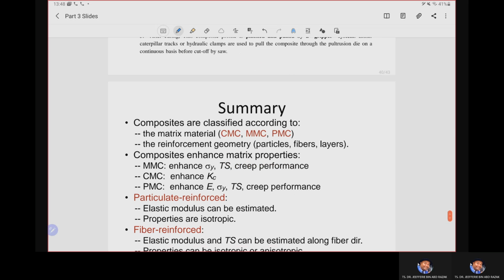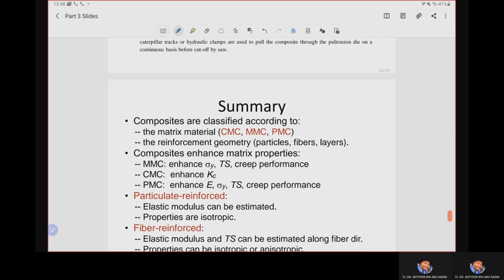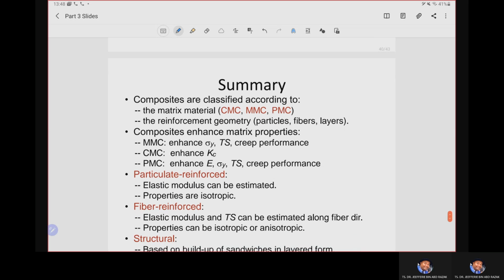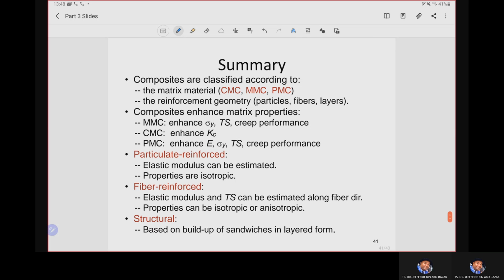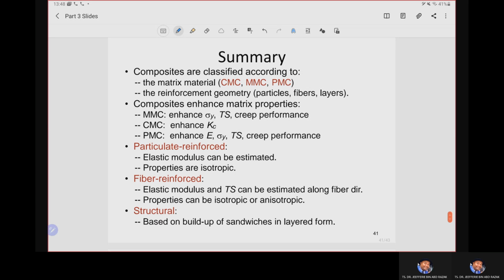As a summary, this is the end of part 3 of the offline lecture for this composite chapter. I wish you can now keep in mind how to classify composites according to the matrix material used and also the reinforcement geometry. By matrix used, we have CMC, PMC, and MMC based on their matrix type.